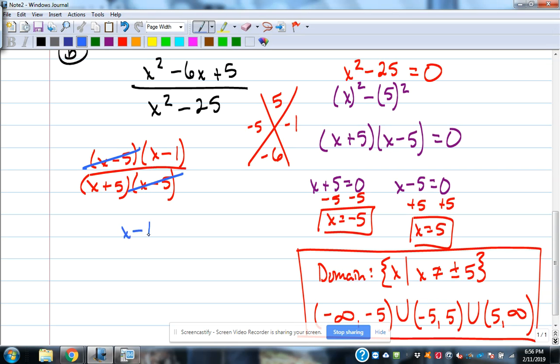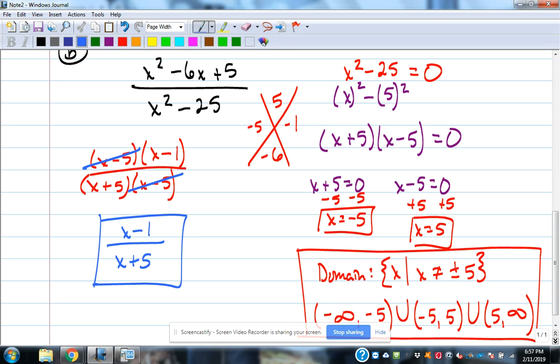That's going to leave me x minus 1 over x plus 5. There's the simplified version. Here's the domain. Here's the simplified version. That's one of the things that we're doing here: simplifying rational expressions and finding their domains.